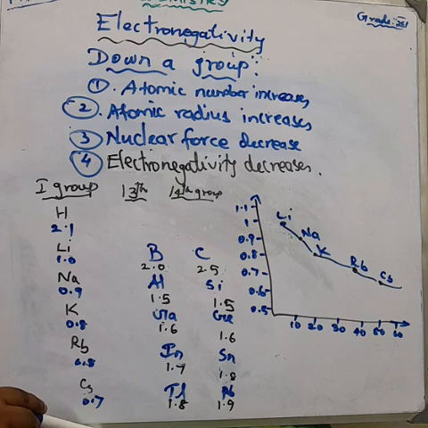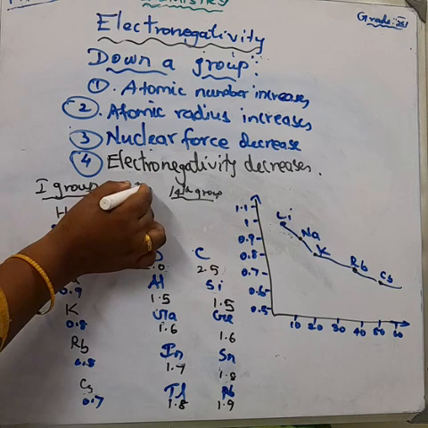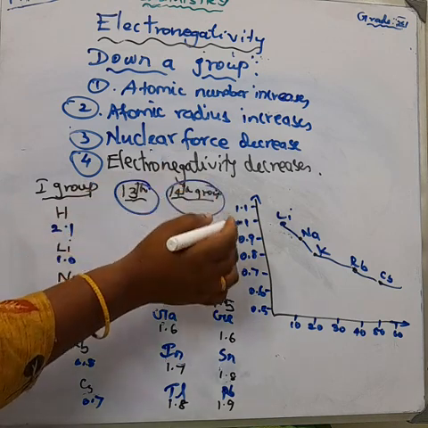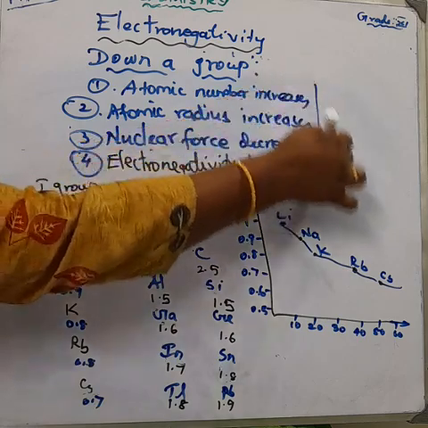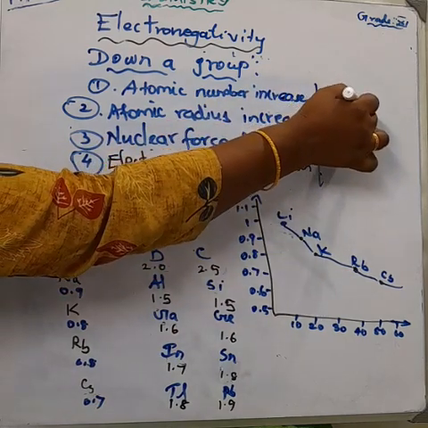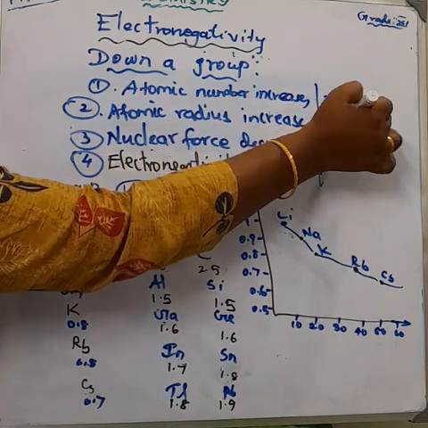But for the noble gases, zero electronegativity is assigned. We know noble gases have a stable electronic configuration: helium, neon, argon, krypton, xenon, radon.